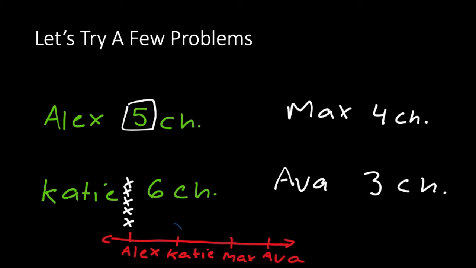So 1, 2, 3. I'm going to erase a little here. So it's going to be 6 chocolates. I just want to keep that in mind. And then continue. So there are 3, 4, 5, 6. So Alex has 5 chocolates and Katie has 6.